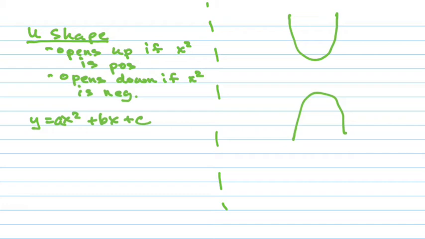But in the beginning, we're going to be concentrating on how they move around on the graph and how you can do what are called translations. And for that to happen, we have to have them in the form of y equals (x plus or minus b) squared plus or minus c. So that whole bracket is squared.